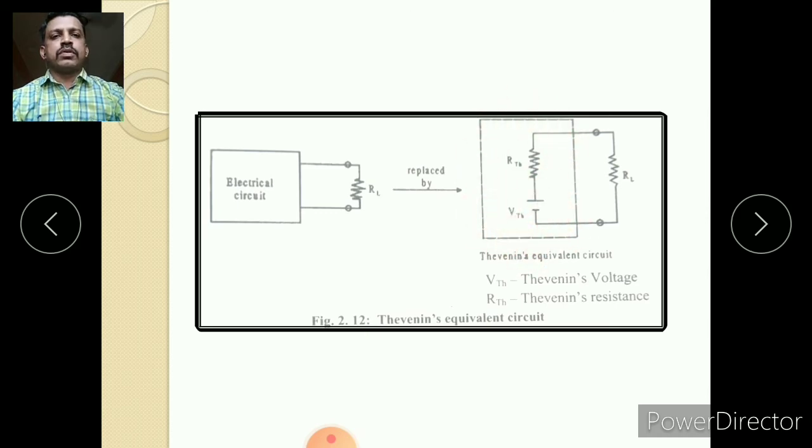If there are more voltage sources, then all are converted into one voltage source, that is equivalent voltage source VTH or VEQ, and similarly the number of resistances can be replaced by equivalent Thevenin's resistance RTH, and both are connected in series, and finally they are connected to the load resistance RL. Here VTH is the Thevenin's voltage, RTH is the Thevenin's resistance.